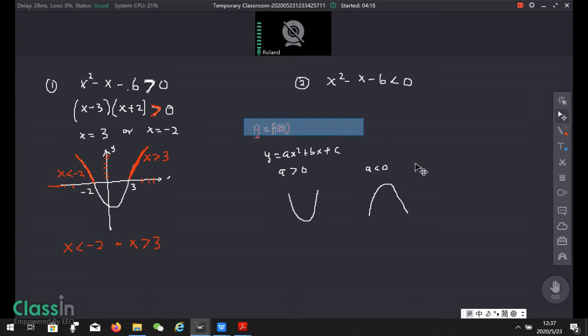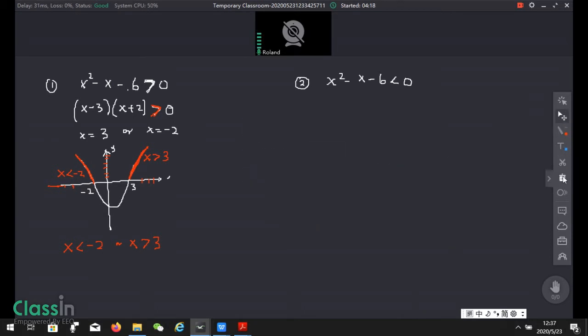Let's look at the same inequality, but in this case, the sign is changed. Instead of greater than, it's less than. So we know that if we solve this equation, it's the same procedure. So when we factorize, we get x minus 3, x plus 2 less than 0.